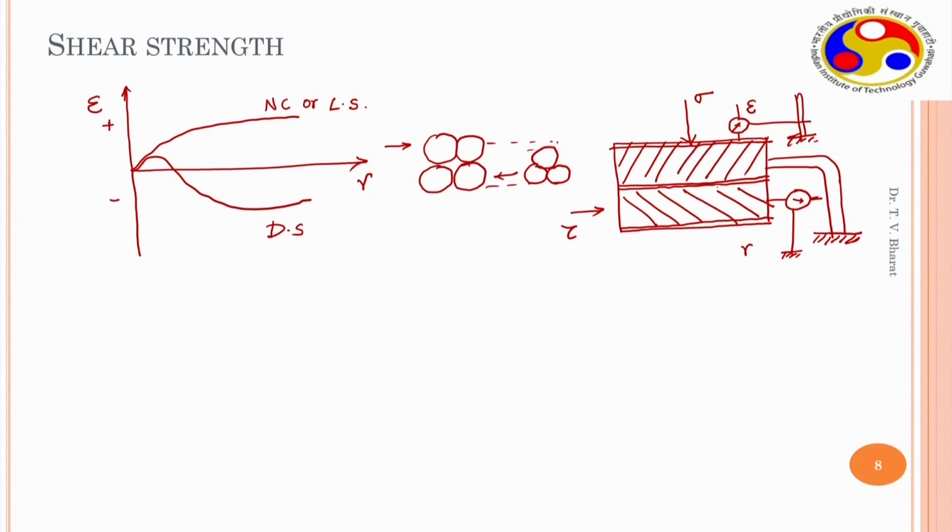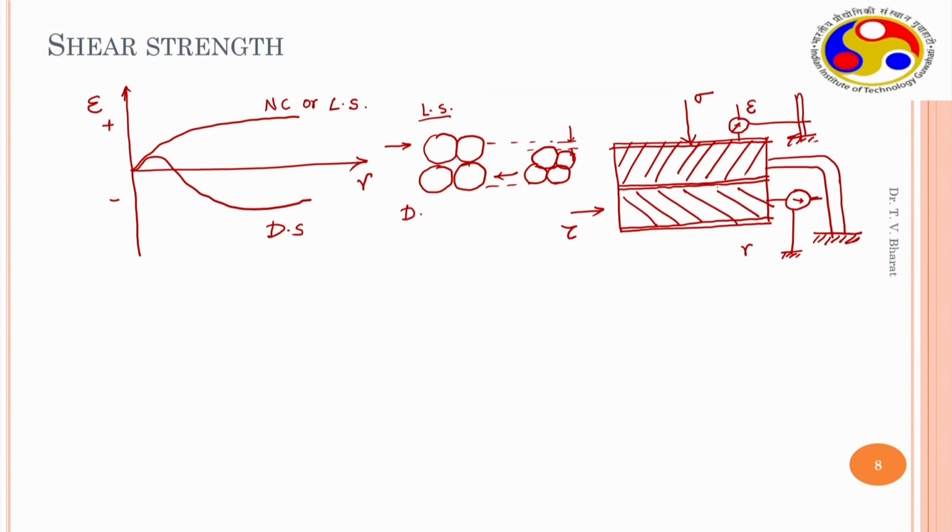Because of this, the volume decreases. Because of this denser packing, they exhibit strain hardening behavior, and there is also a volume decrease that takes place during the shearing. This is with loosely compacted sands.